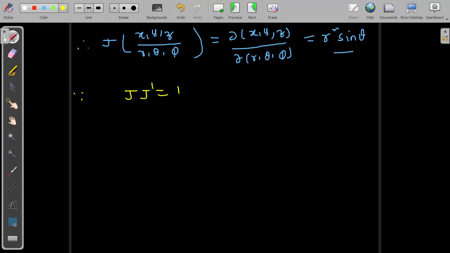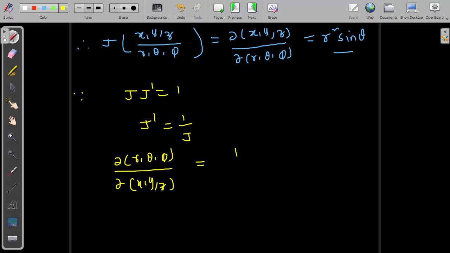From this I can say J dash equals 1 by J. J dash means dou of r comma theta comma phi, which are now dependent variables, with respect to x comma y comma z, which are independent variables. This is equal to 1 by J.